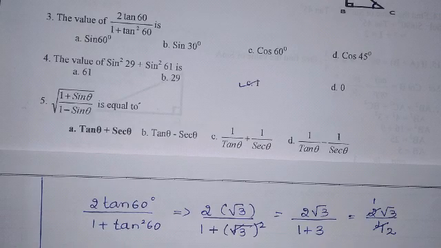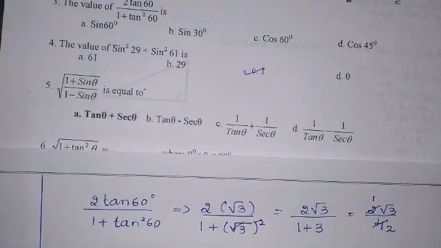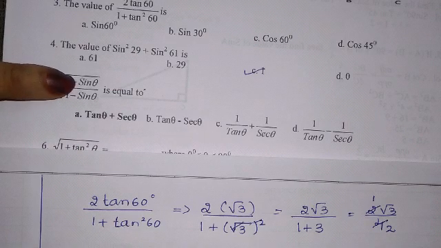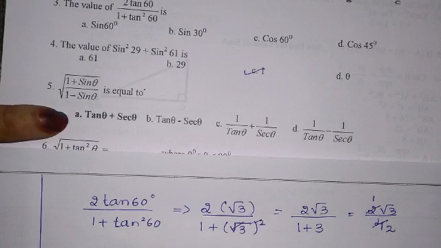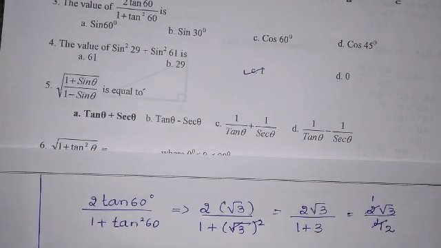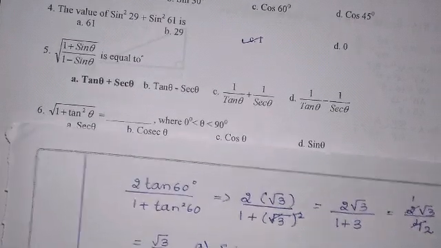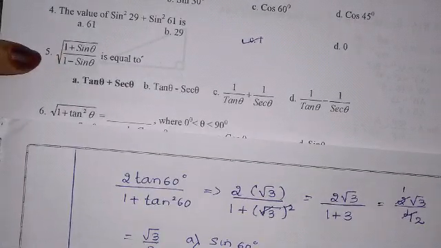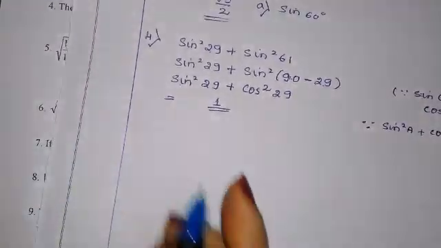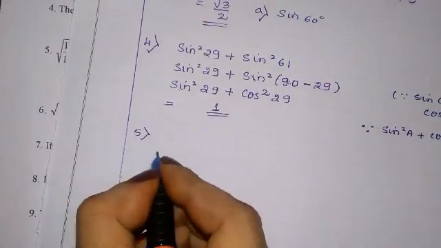Let us see now this question. Here, root of 1 plus sine theta upon 1 minus sine theta is equal to. What value should we check? Okay, this is a little bit big problem, but they have given it for 1 mark like a multiple choice. But still I'll solve it here.